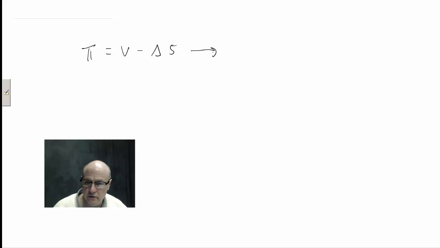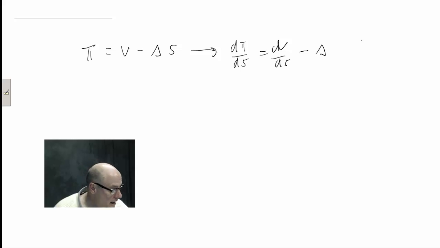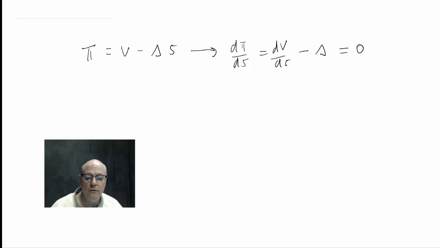So if I differentiate this with respect to the stock, that'll be d pi ds equals dV ds minus delta, a number, ds is 1, and it's a dV ds here. And I'm setting d pi ds equal to 0. Yeah, that's how we pick the delta. We pick it so that the portfolio value doesn't change when the stock value changes. So our rate of change of portfolio with respect to stock is 0.